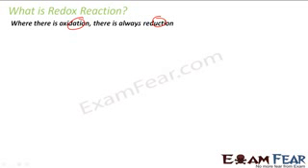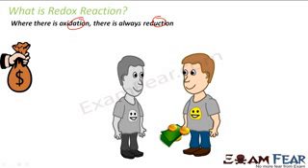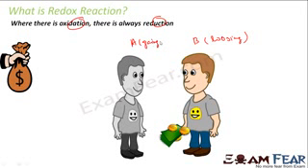And redox reaction, if I compare with day-to-day life, is nothing but a person giving, this is person A and this is person B giving money to person A. So in this case, person B is losing money, right? So let's suppose he is giving 1 rupee or 10 rupees. So person B is losing money and person A is gaining money, right?